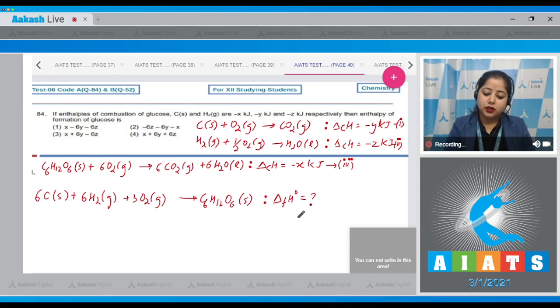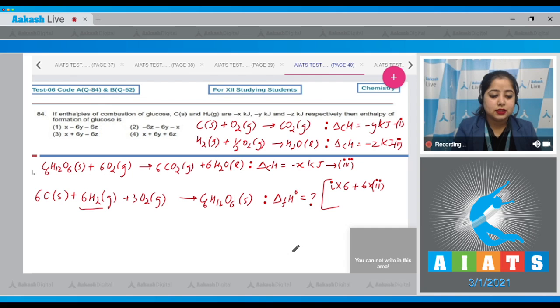And it is very clear that this reaction will be obtained on multiplying the first reaction by 6 and then adding it to the second reaction also multiplied by 6. Then we have to reverse the third reaction so that this glucose, that is C6H12O6, will move to the product. So we have to subtract the third reaction. So let's calculate.